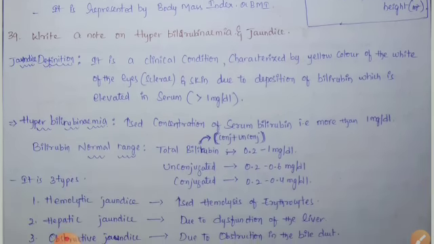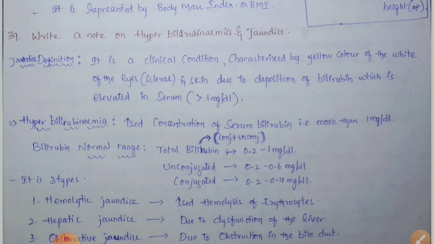Write a note on hyperbilirubinemia and jaundice. Jaundice can be defined as a clinical condition characterized by yellow color of the white part of the eyes, that is sclera, and the skin also becomes yellow due to deposition of bilirubin.